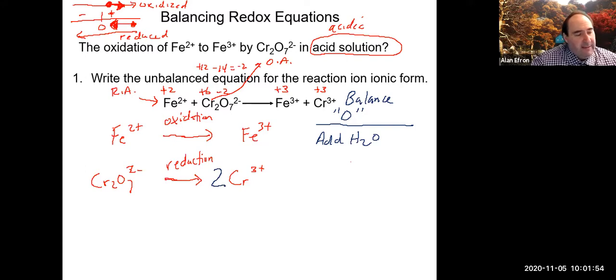The goal is to get the same number of oxygens on each side of the half reaction. When you add water, you're not only adding oxygen, but also hydrogen. So for every water that you add to one side, you add 2 H pluses to the other.